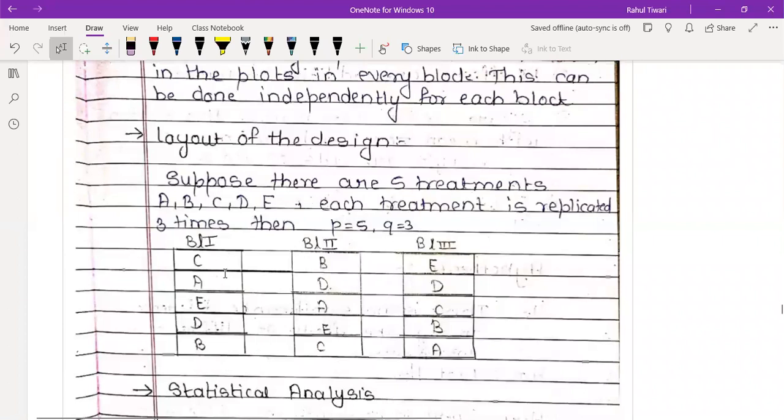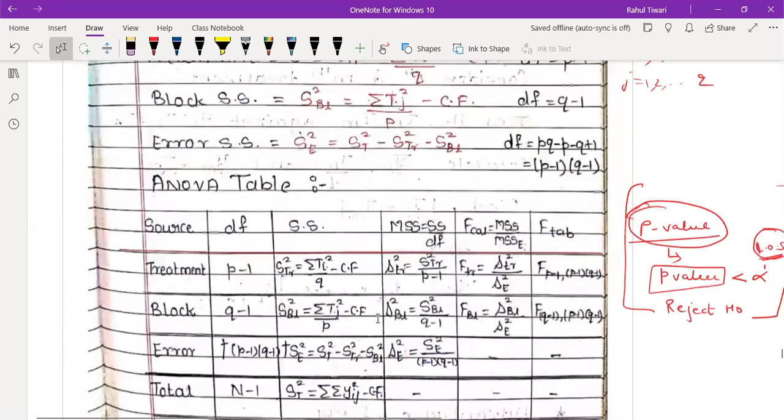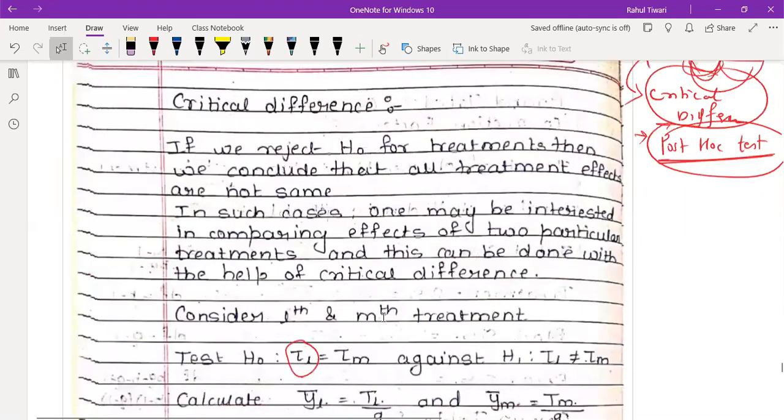Otherwise, RBD will not be applicable. See, if the data within is different, then there will be more error within. Between, there must be some error, but within there has to be minimum sum of squares. So that is one of the disadvantages of your RBD.